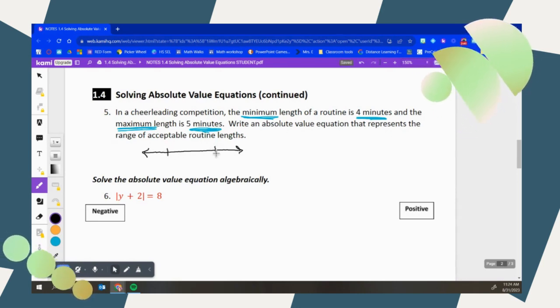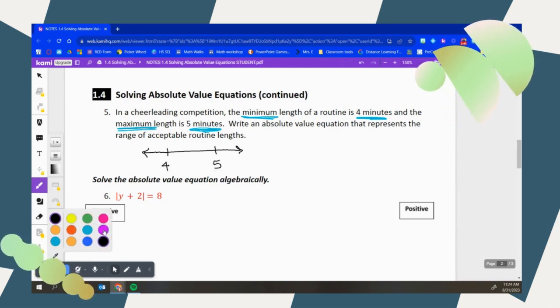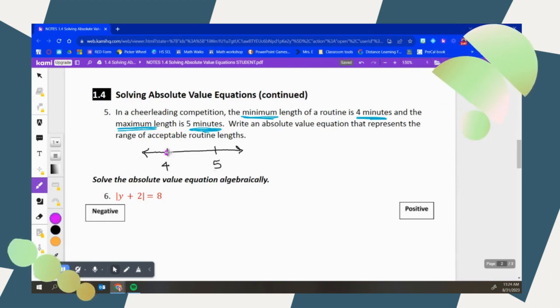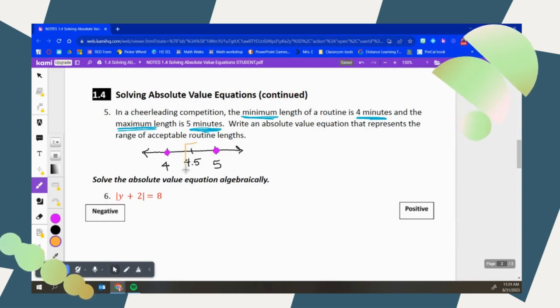So we're going to work this just like we worked the last one, with 4 and 5 being the solutions. What's our starting point going to be? 4.5. Good. So I'm going to draw that box on the 4.5. That's our starting point.